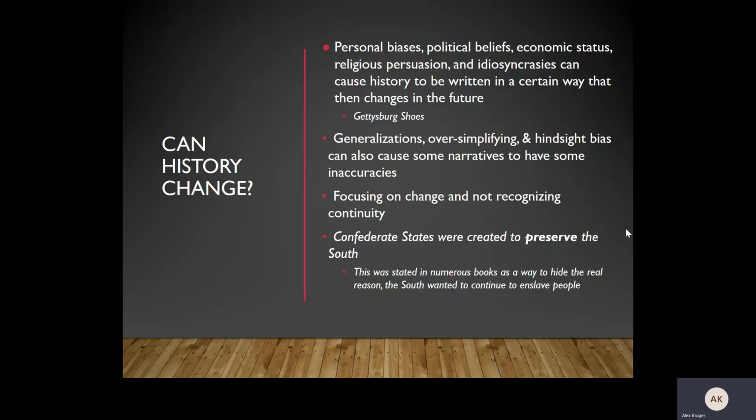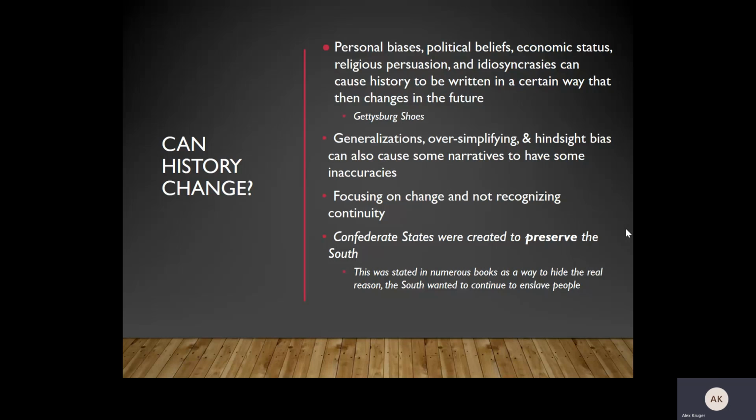Like this story. So the Confederate States were created to preserve the South. This is stated in numerous books as a way to make it sound like the Southern states were just defending themselves, where in actuality they wanted to continue to enslave human beings. And since the North passed laws that were viewed as being anti-slavery, the South declared a civil war and revolted.